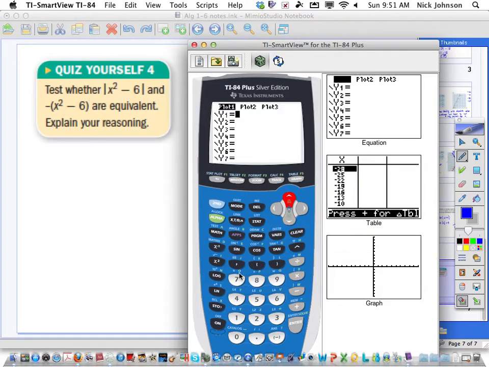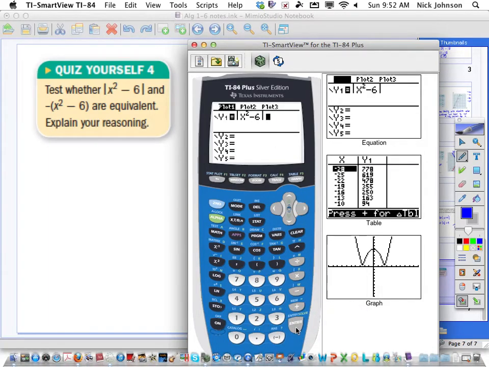But I'm going to press math, arrow over the number, absolute value, and I'm going to type in x squared minus 6. Okay, it's all in the absolute value symbol. Arrow out. And then I'm going to type in a negative. Remember your negatives down here. Parenthesis, x squared minus 6.